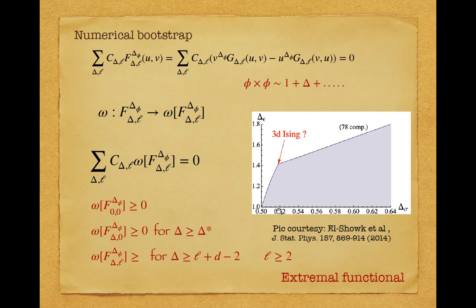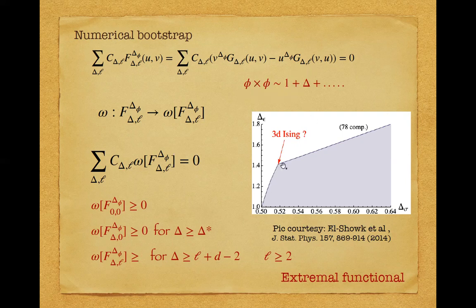Here you are varying the value of delta phi, the dimension of the phi field, so the 4-point function you are considering. And then you are looking at the maximum gap that you can put on the value of this lowest scalar present in your OPE. Okay.